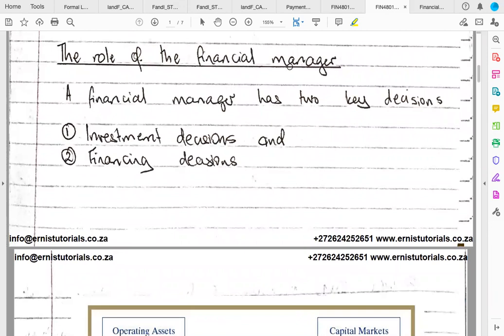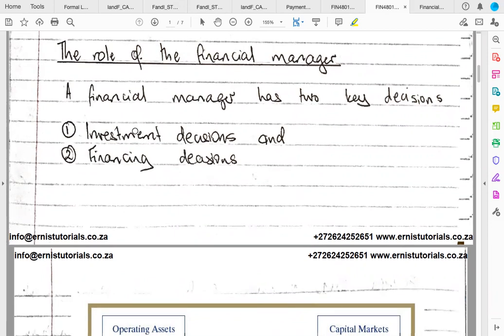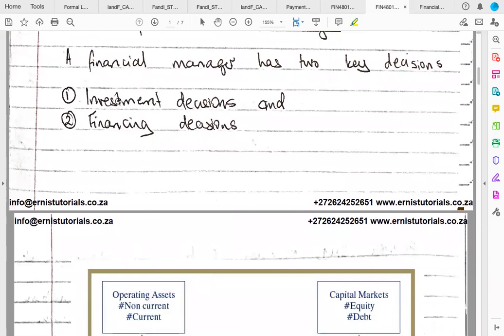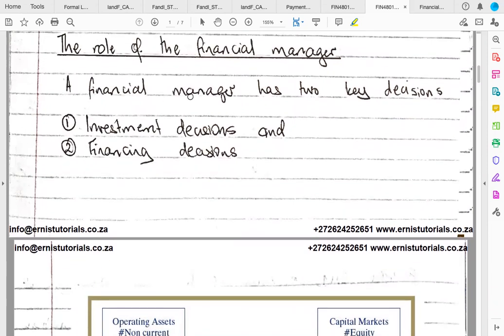And then you also need to know the two key decisions that the financial manager has to make. This is some revision from FIN4601 and earlier modules. Any financial manager is faced with two key decisions. Some prescribed textbooks actually say three key decisions, but Korea says two.